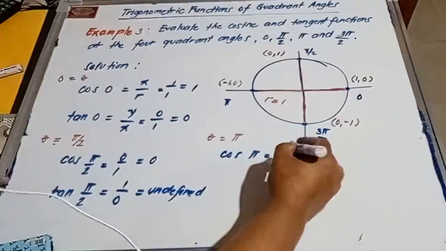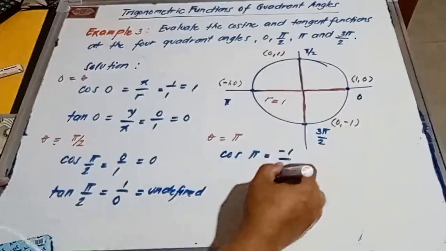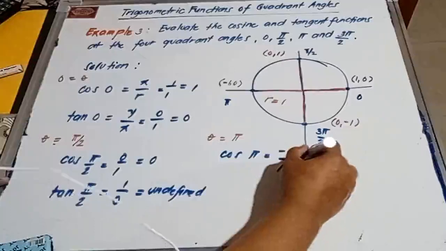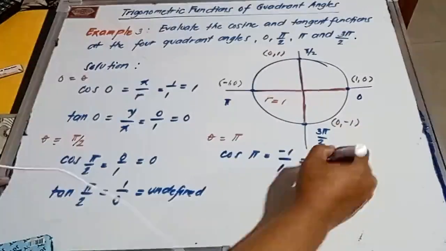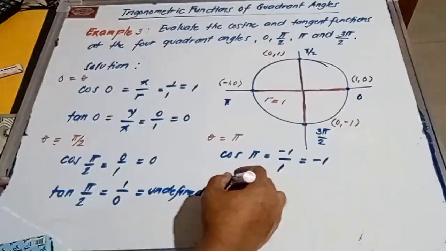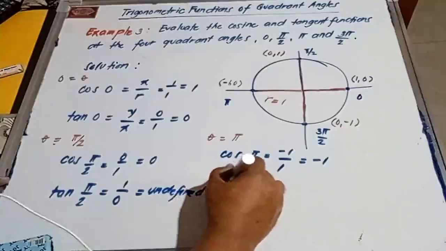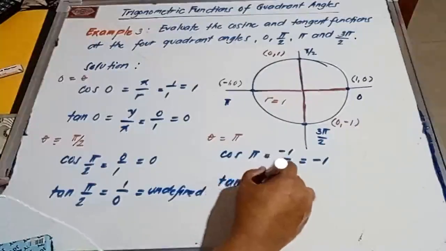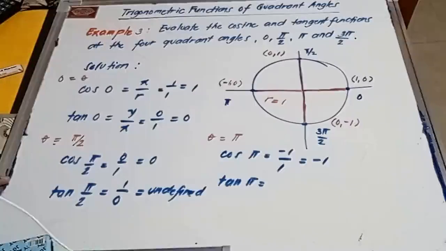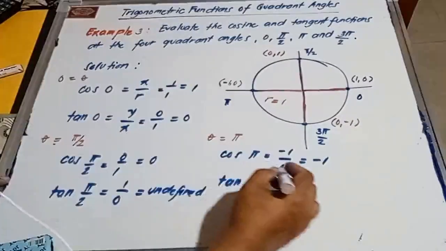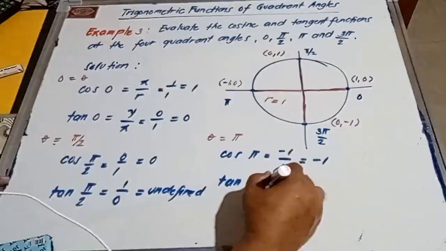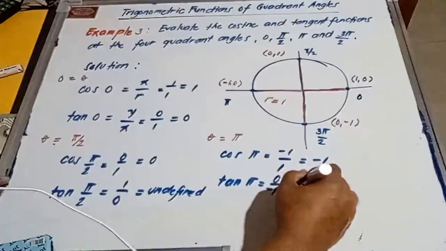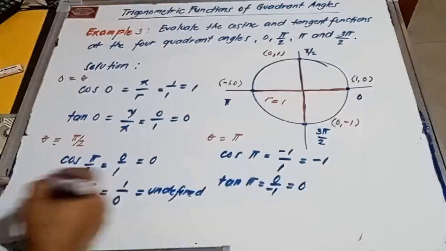Ang x natin ay negative 1. Ang r natin ay 1. Therefore, cosine pi is negative 1. That's correct because cosine 180 degrees is negative 1. Next, tangent pi. Tangent is y over x or y natin ay 0. X natin negative 1. Therefore, tangent pi is 0.